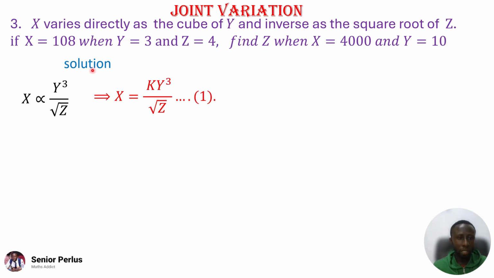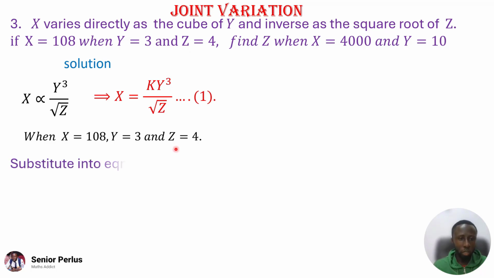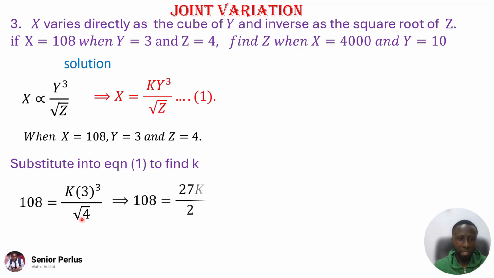In the question, if s is 108, y is 3, z is 4, then let's put this into equation 1 so that it helps us know the new equation. So get the substitution in there. 3 cubed is 27, then the square root of 4 is 2. So this can be written as this.